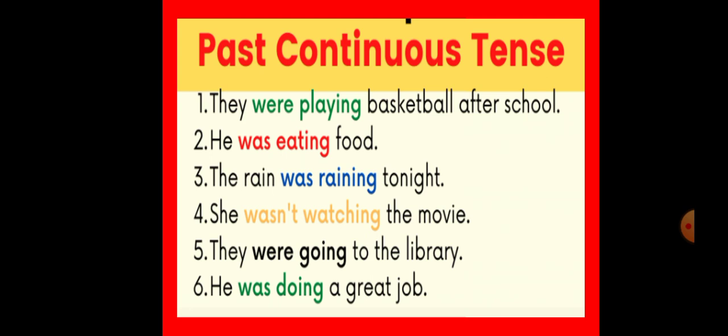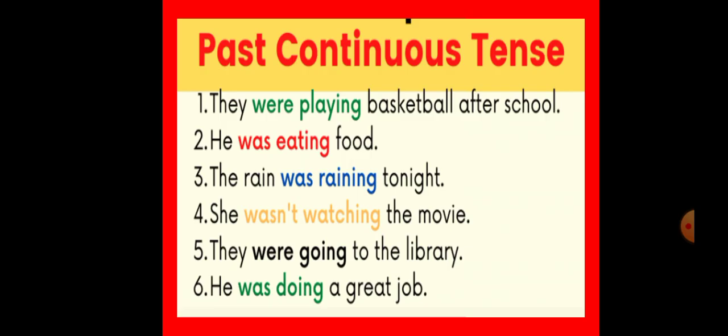Yes, let's see some examples here. They were playing basketball after school. They were playing. What is the formation of past continuous tense? The past continuous tense is formed by was or were plus verb plus ing.